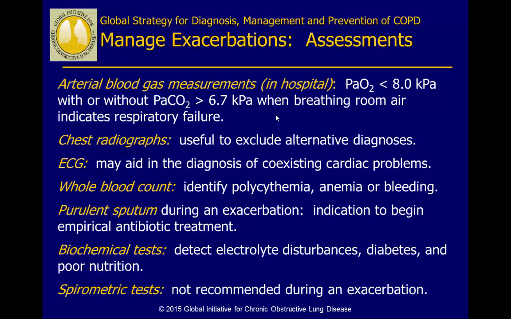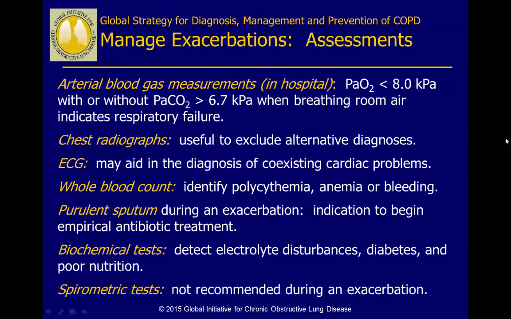So the patients should have, if they're exacerbated, the PaO2 less than 80 and the PaCO2 more than 60 to indicate respiratory failure. So if they have a PaO2 less than 80 and the PaCO2 more than 60, they are in respiratory failure.